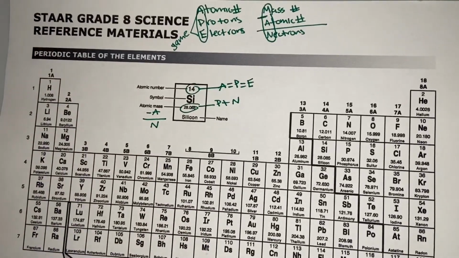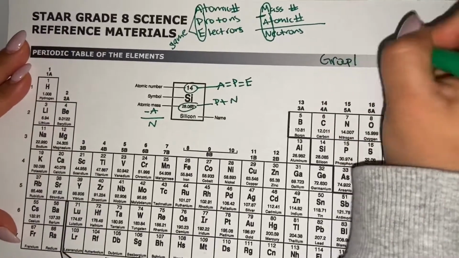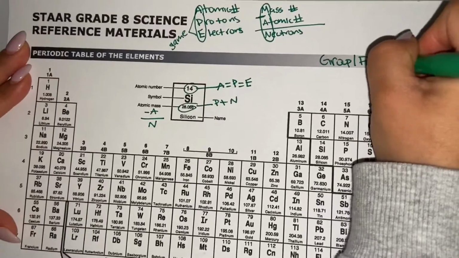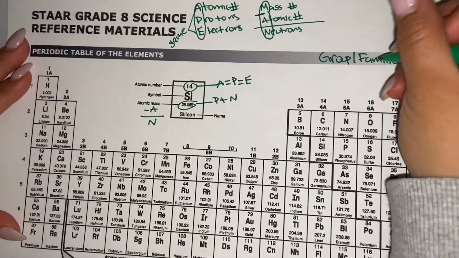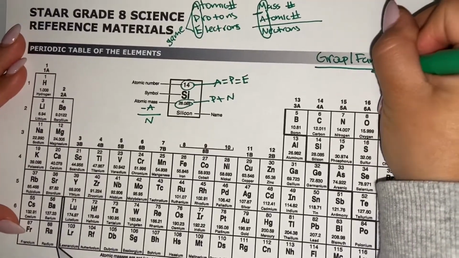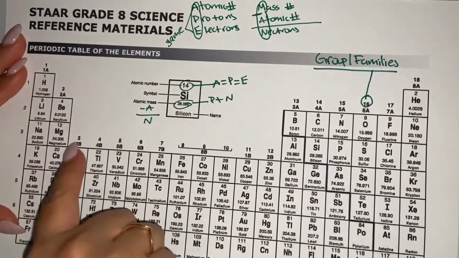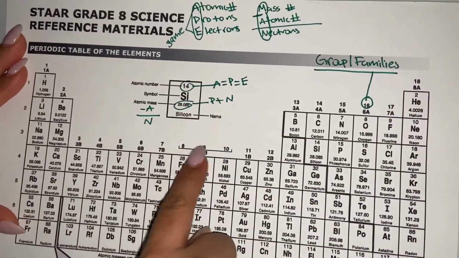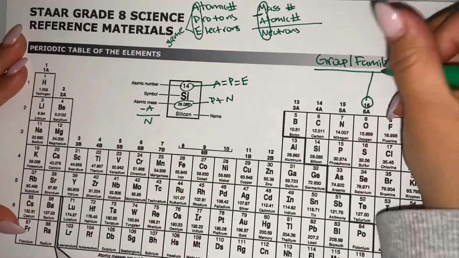Each of these elements is placed in a group or in a family. Groups/families. I have 18 of these groups right here. So these groups are labeled right here. You have group 1, 2, 3, 4, 5, 6, 7, 8, 9, 10, 11, 12, 13, 14, 15, 16, 17, 18.